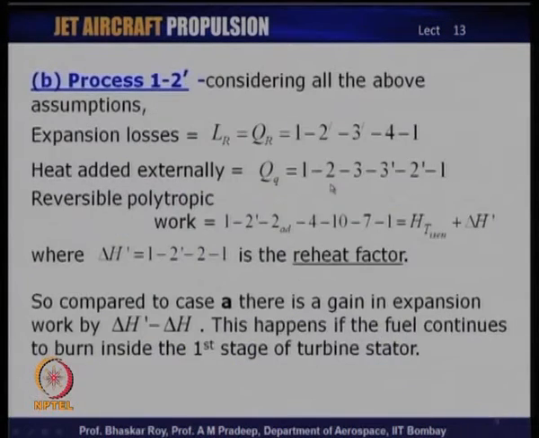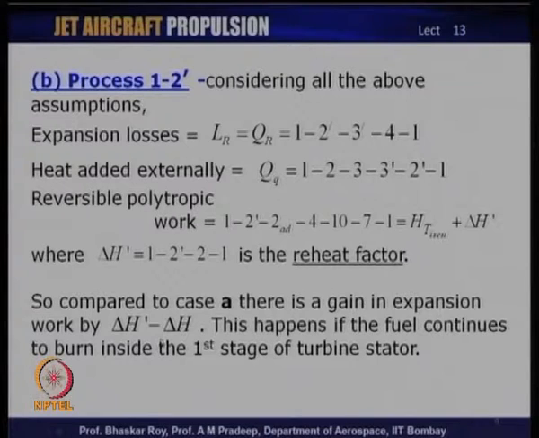As a result, we can see that the reversible polytropic work will be somewhat different now, and this delta H prime is the reheat factor for this particular case, in which a certain amount of extra heat has been influenced from external sources. So, compared to case A, there is a likelihood of gain in expansion work by delta H prime minus delta H. Now, this happens if the fuel continues to burn inside the nozzle of the turbine.